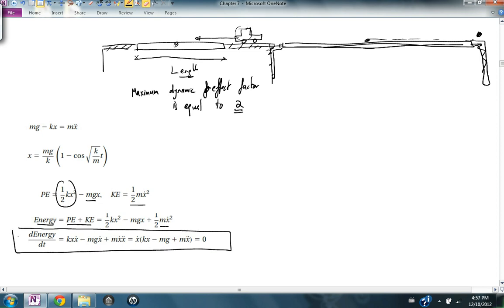When you take the derivative of the energy with respect to t, you get the velocity multiplied by the dynamic equilibrium equation, and thus the rate of change of the total energy of the system is equal to 0.